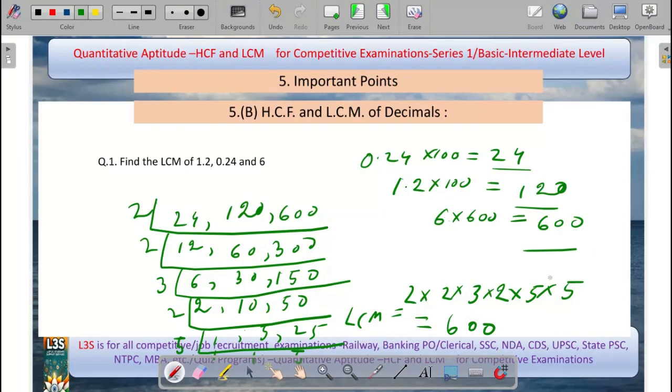Now we have 24, 120 and 600, whose LCM is 600. So finally, for 1.2, 0.24 and 6, because we multiplied by 100, we have to divide by 100. So we'll get 6. So 6 will be the LCM of these numbers. The answer will be 6.